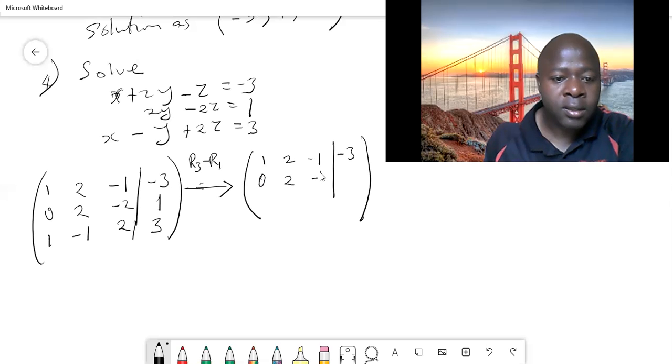So from row 3 minus row 1 we get a 0, then negative 3, and then 3, and then 6.